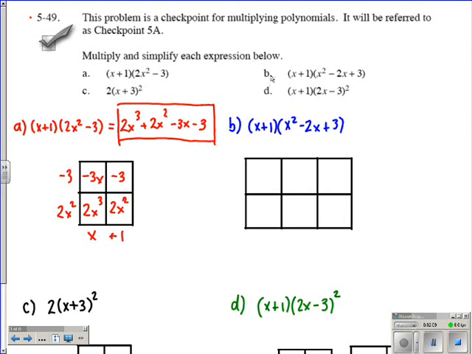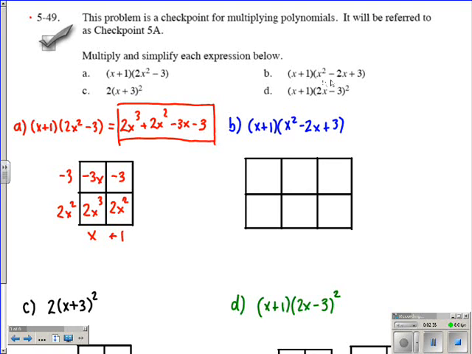Letter B, we've got a binomial times a trinomial. So the quantity of x plus 1 times x squared minus 2x plus 3. I actually prefer the generic rectangles for when I have binomials and trinomials, or trinomial times trinomial, because I think it's a great way to sort your information. So let's go ahead and set it up here.